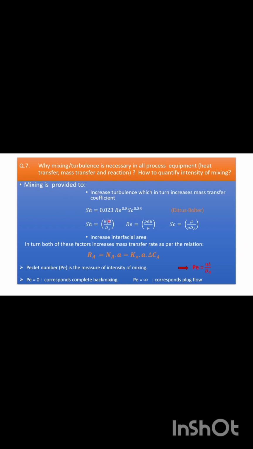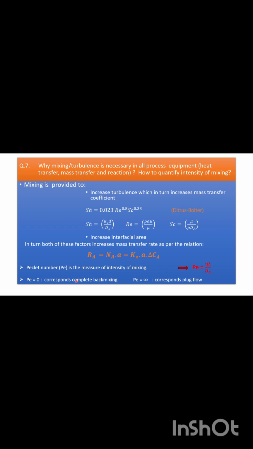Mixing also increases the interfacial area. So in turn, both of these factors increase the mass transfer rate as per the relation which we have seen earlier. And this quantification of mixing is given by the Peclet number, which is a measure of the intensity of mixing, and the Peclet number is given by this relation.